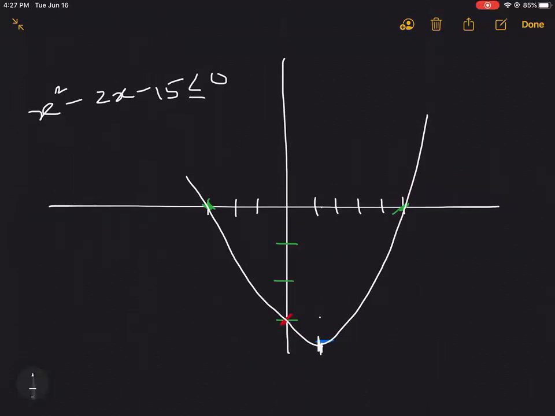We want to solve it and graph it, or rather graph the solution set. So already we have graphed the main function. Now we want to see for which values of x this remains true.